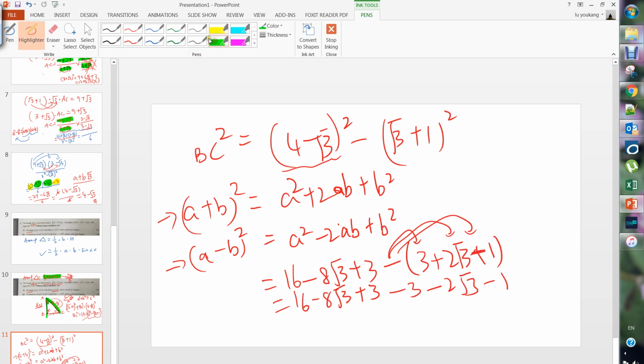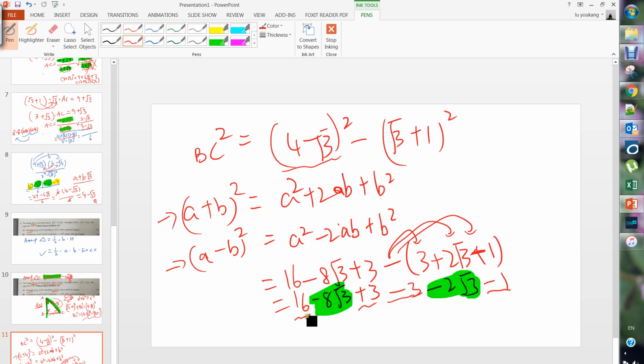So when it comes to this, a very good habit you should adopt is to highlight the term with square root 3, and then underline similar terms.